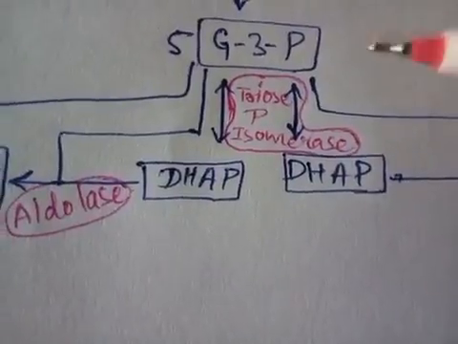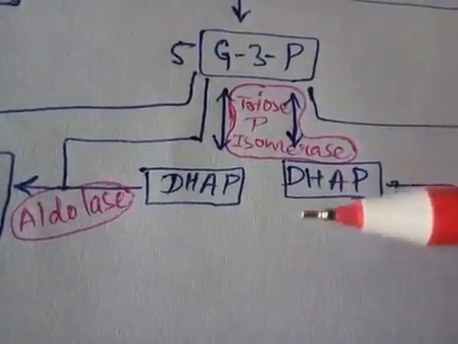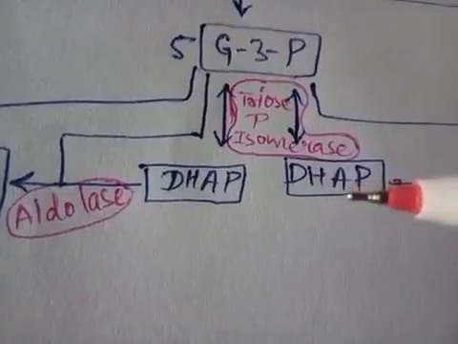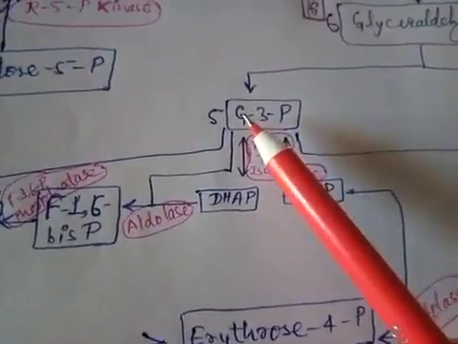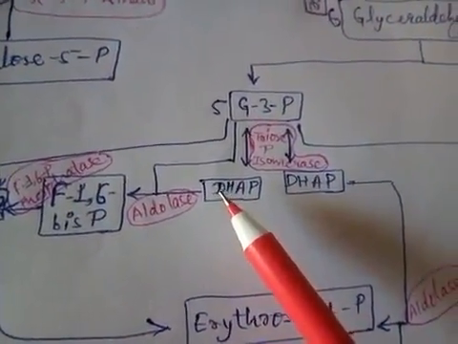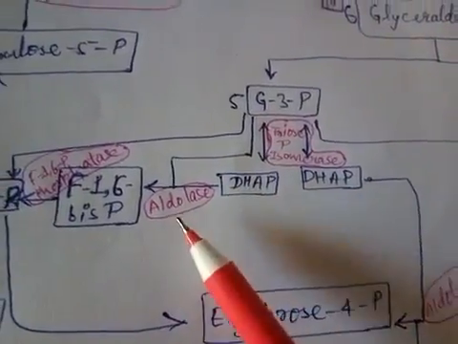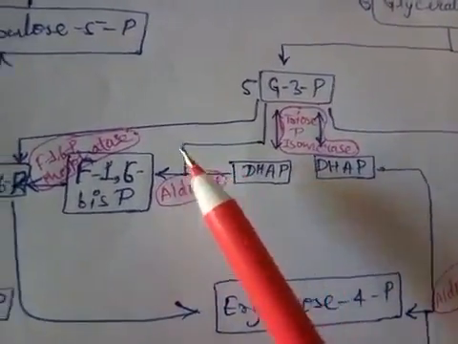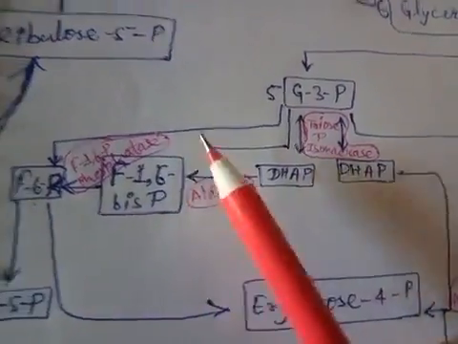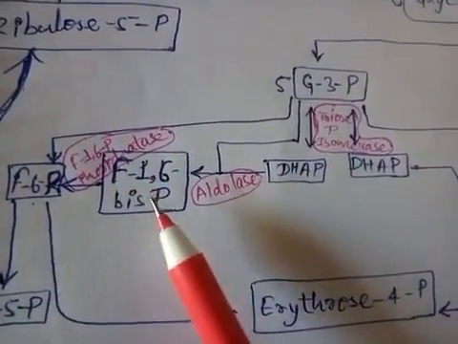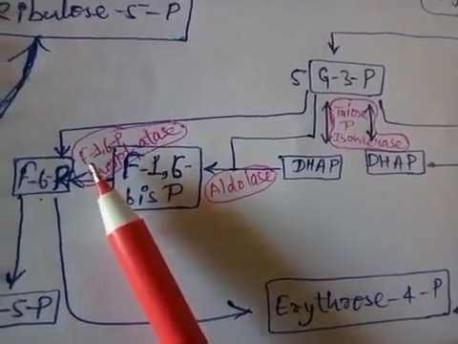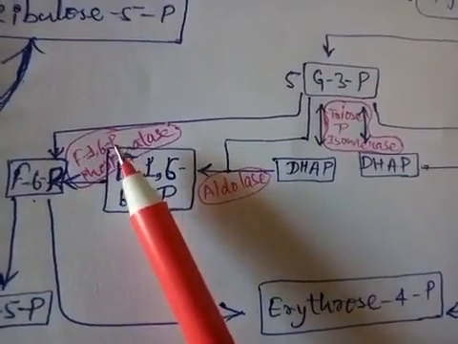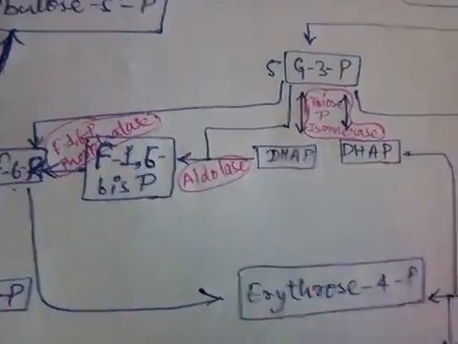So 2 molecules of glyceraldehyde 3-phosphate are converted into dihydroxyacetone phosphate, that is DHAP, in the presence of triose phosphate isomerase. Further, 1 molecule of glyceraldehyde 3-phosphate combines with dihydroxyacetone phosphate in the presence of the enzyme aldolase and is converted into fructose 1,6-bisphosphate. This is converted into fructose 6-phosphate in the presence of the enzyme fructose 1,6-bisphosphatase.